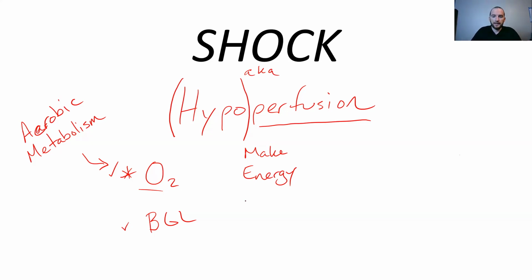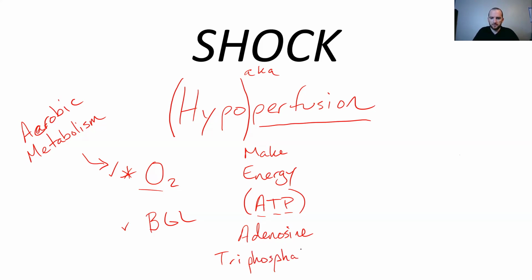And that energy in the body is called ATP, or adenosine triphosphate. I'll write that out for you. Adenosine triphosphate. So ATP is energy in the cells, energy in the body. Okay? So that's the goal.